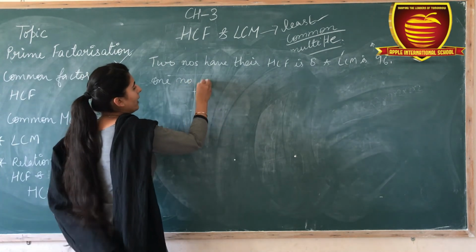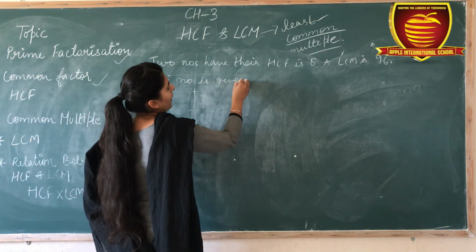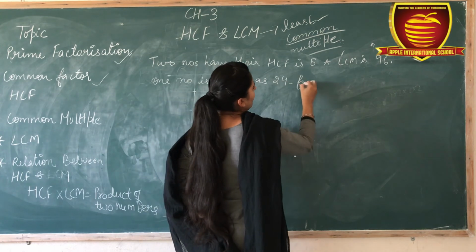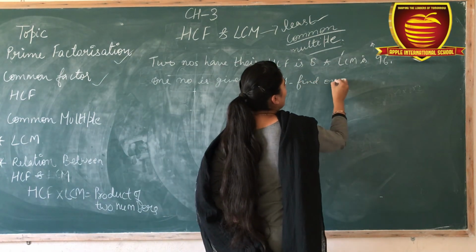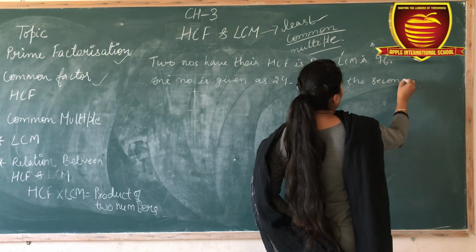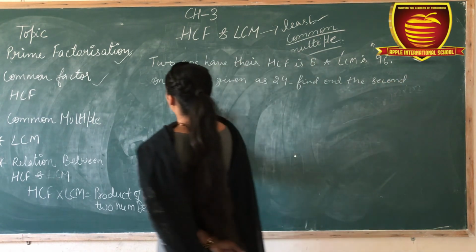One number is given as 24. Find out the second number.